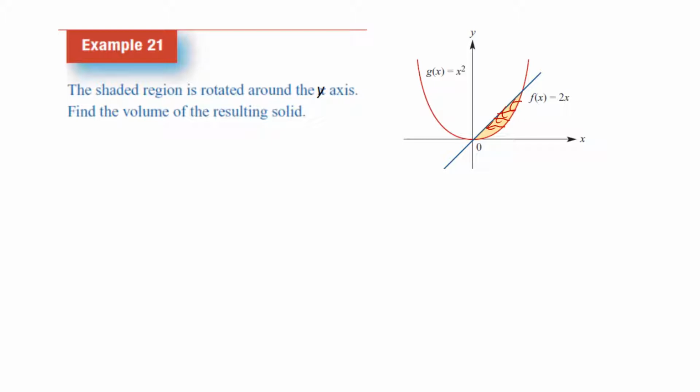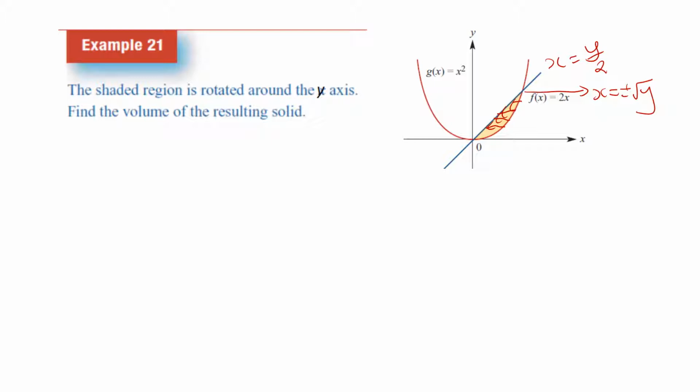So I now need to think about expressing x in terms of y. My linear rule has the basic form x equals y divided by 2, and my curved equation has the form x equals plus or minus the square root of y.